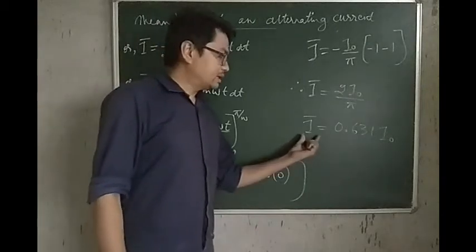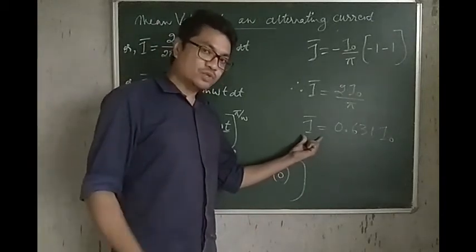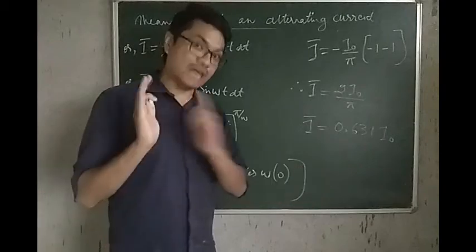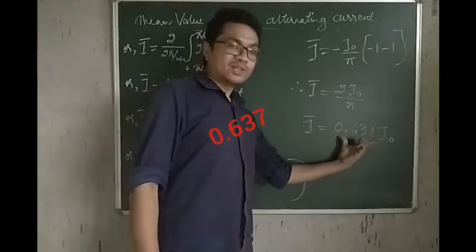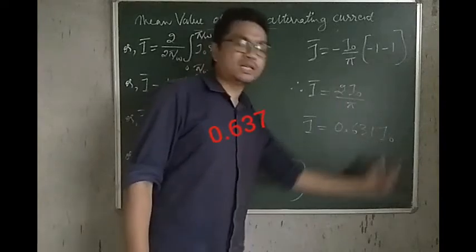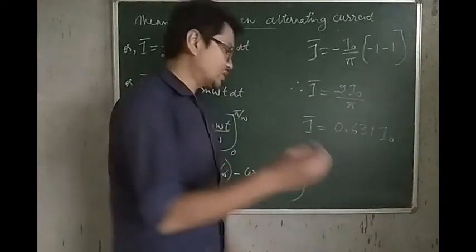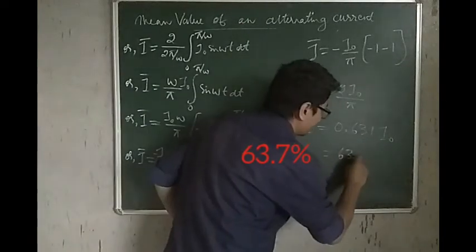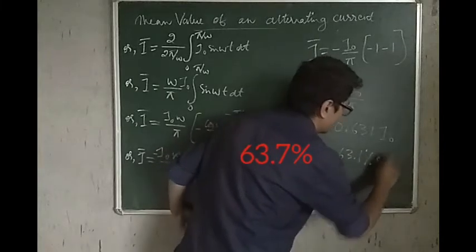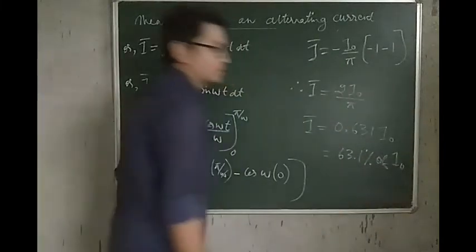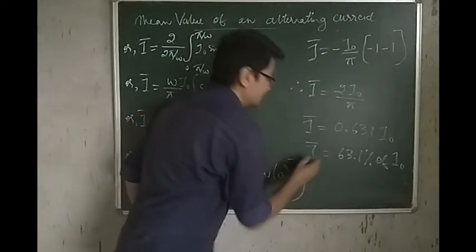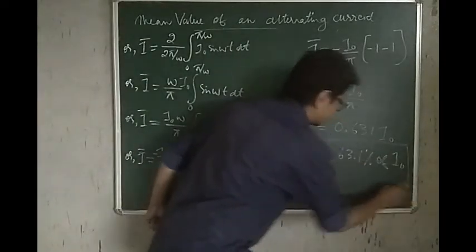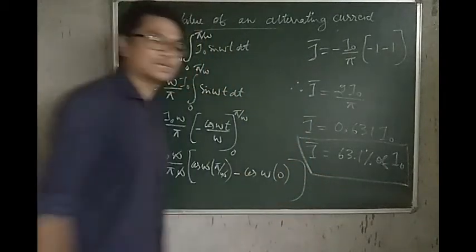So the mean or average value of the alternating current over half a cycle, don't forget, is 0.637 times the peak value, or 63.7% of the peak value of the current. This is the mean value of the alternating current for half a cycle.